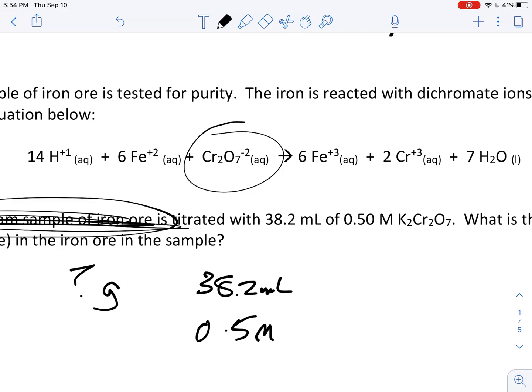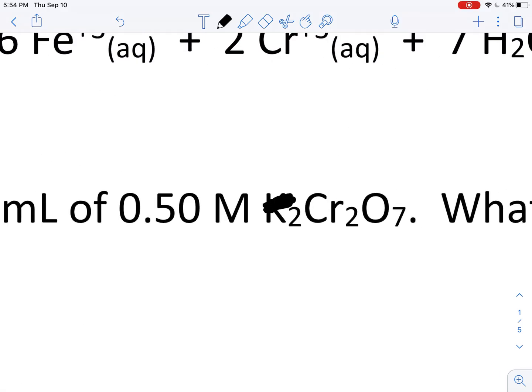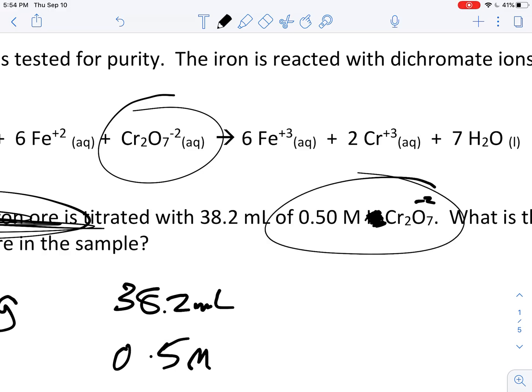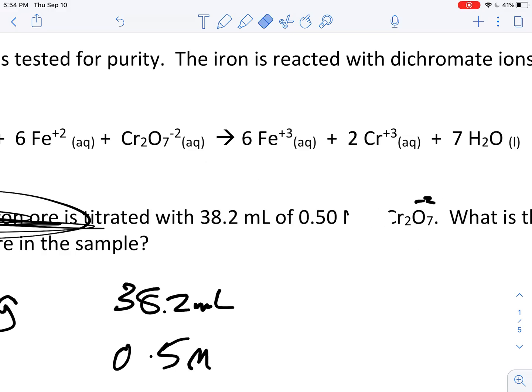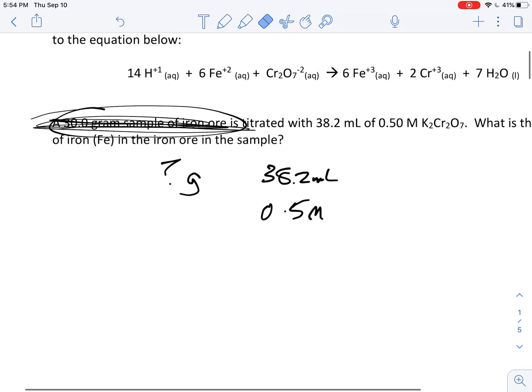Well, again, potassium is one of those that is a +1, and so it's always going to be soluble. So the potassium has just been removed from the equation as a spectator ion. So we're going to ignore the potassiums out of there because they're not even in the equation. And so that's 2 +1s, and so that's going to be -2. Oh, okay, that makes a lot more sense then. So this guy here is that guy there. So don't be thrown by little things like that.